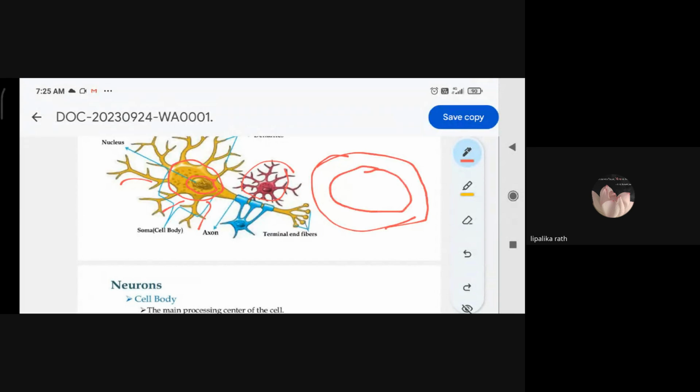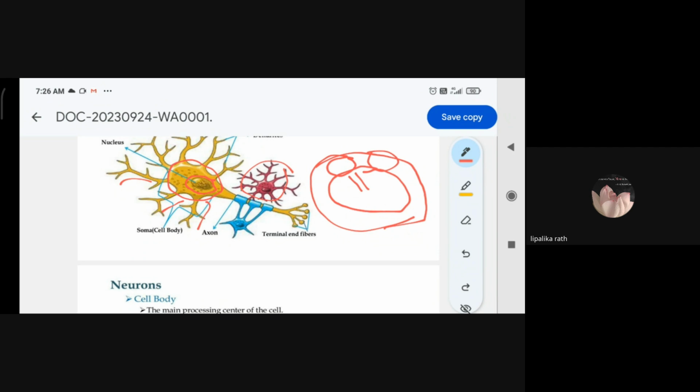If the inner portion is made up of white matter, then the outer side is cell body. The cell body is located at the outer portion, and the axon is located at the middle portion. That is why the outer portion is gray and the inner portion is white, and it is opposite in the case of the spinal cord.